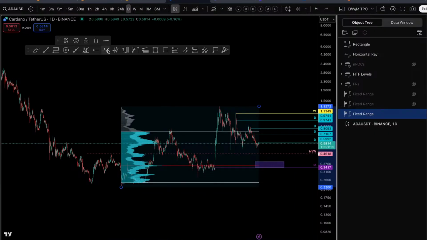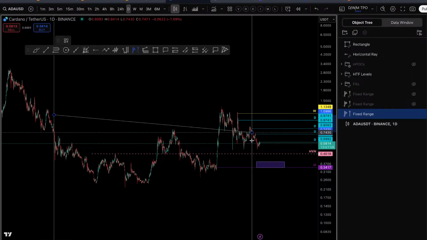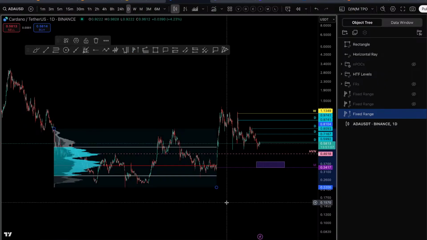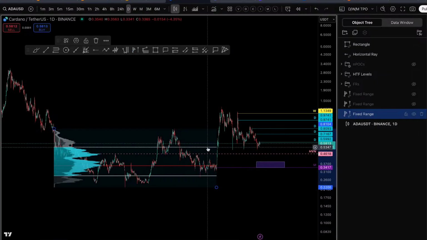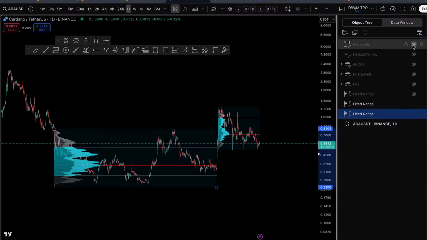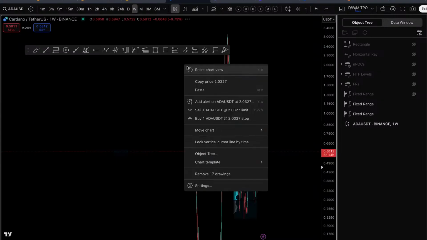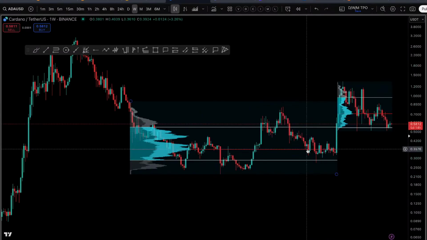Yeah, if we are to see it like this, also we're here holding that. These two.